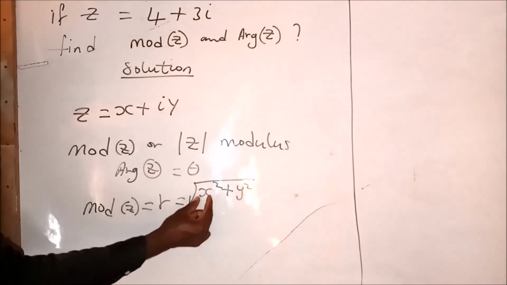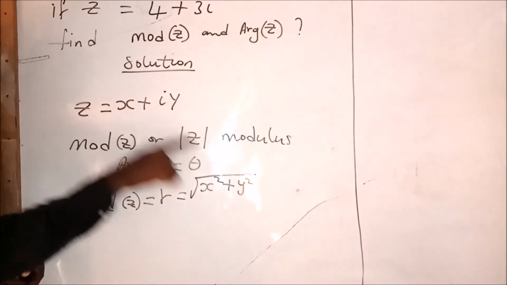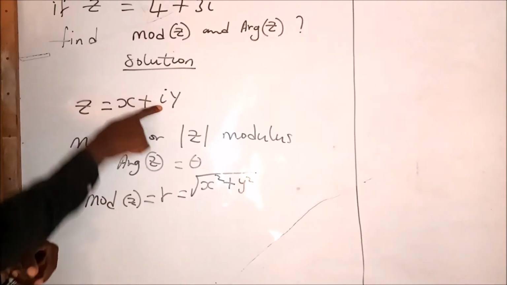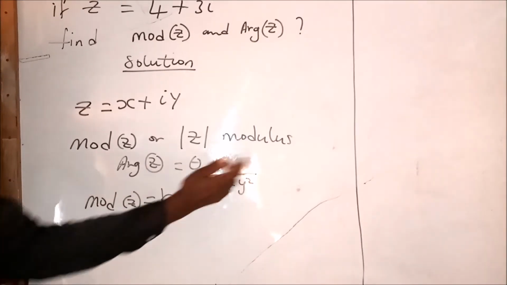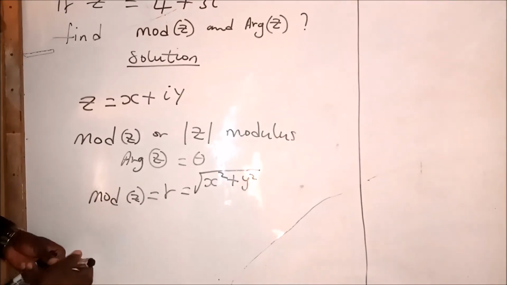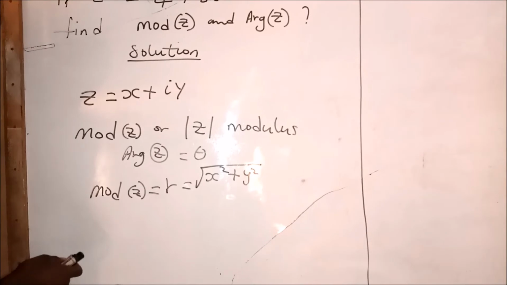That is the square root of the value here squared plus the value here squared. This y is the coefficient of this i. When we put the values of x and y, square both of them, the root will give us the modulus, while the argument will be given as an angle.